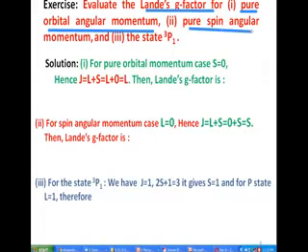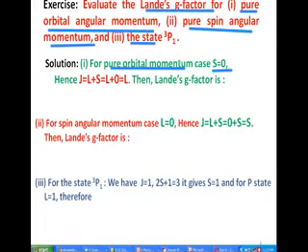The second part is for the atom having pure spin angular momentum, and the third part is for the state P13. Let us solve the first one. Now, we know that for pure orbital momentum, the spin is equal to zero, because now we have pure orbital momentum.